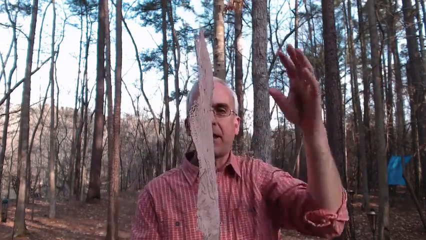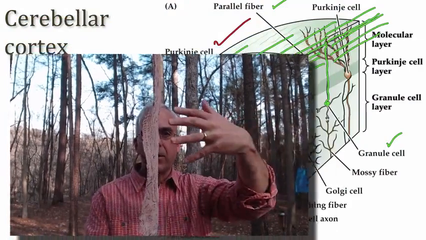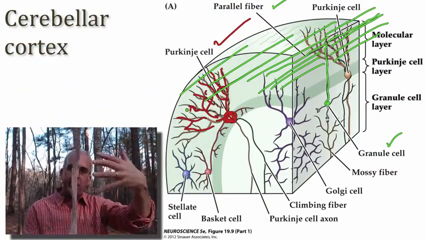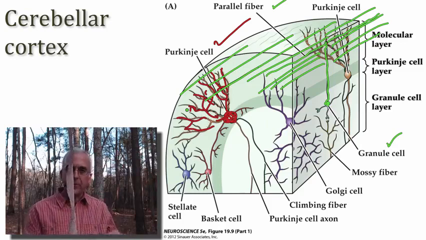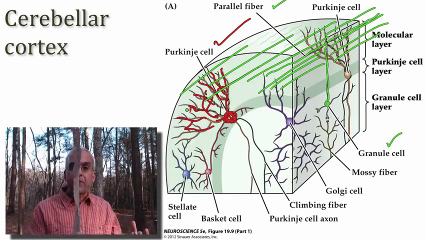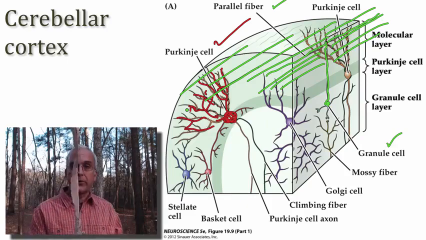Now, what you have to imagine is this single plane is orthogonal to this massive system of parallel fibers. In fact, this input of parallel fibers to the Purkinje cells provides the most extreme form of convergence that we know about in neural circuits.